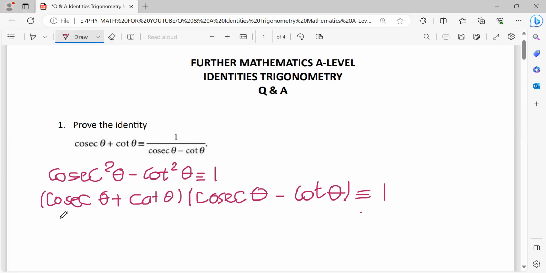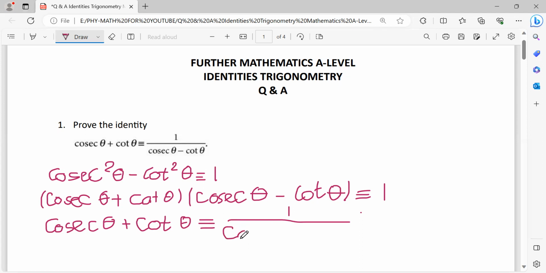And then if this term moves to the right side, we may write cosecant theta plus cotangent theta is equivalent to 1 over cosecant theta minus cotangent theta. Okay, that's the proof.